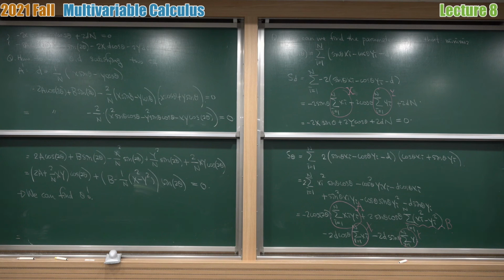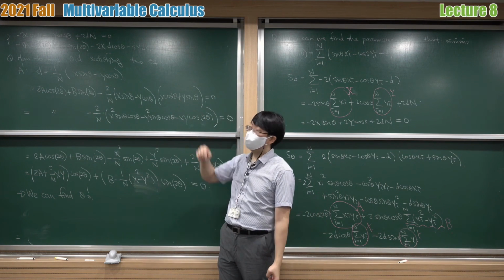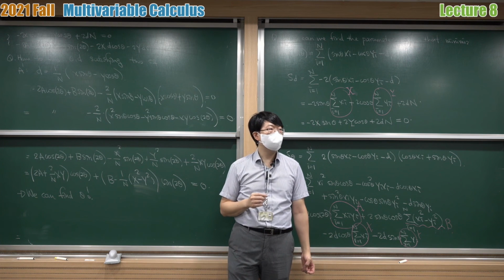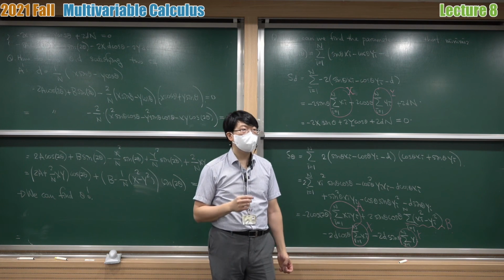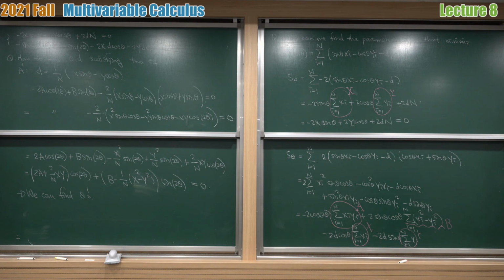Well, we don't know whether it's a local maximum or local minimum. What's your guess? I think there should be only one value for theta satisfying this equation, and d is defined as one value depending on the theta, right? So we only have one extremum as a critical point. Should it be a local maximum or a local minimum? What's your guess?